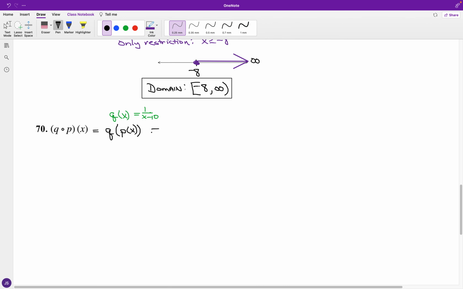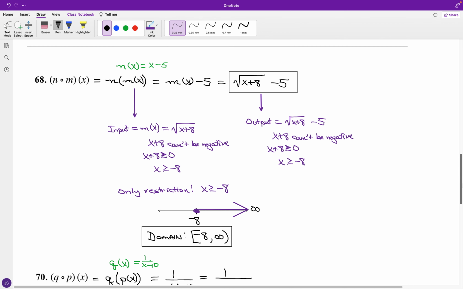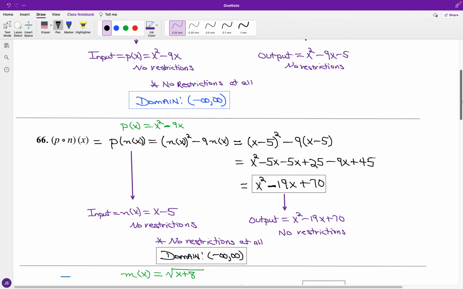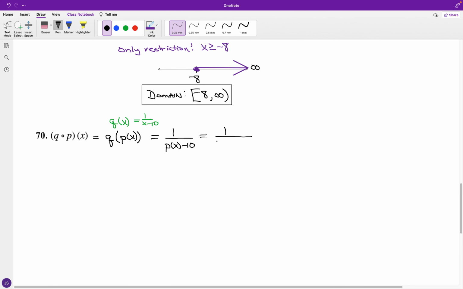So for q of p of x, we get 1 over p of x minus 10. And for p of x, that was x squared minus 9x, followed by the subtraction of 10. So for the output, we have 1 over x squared minus 9x minus 10.